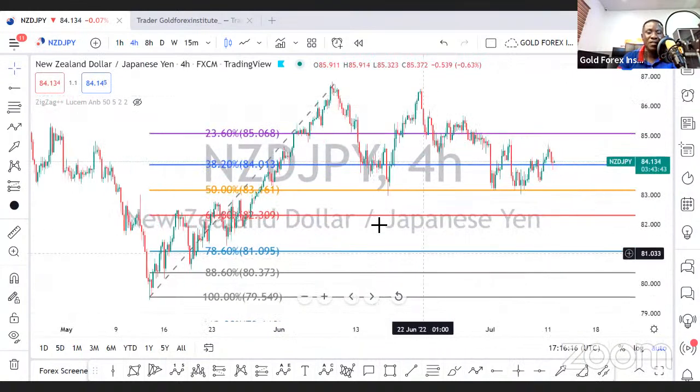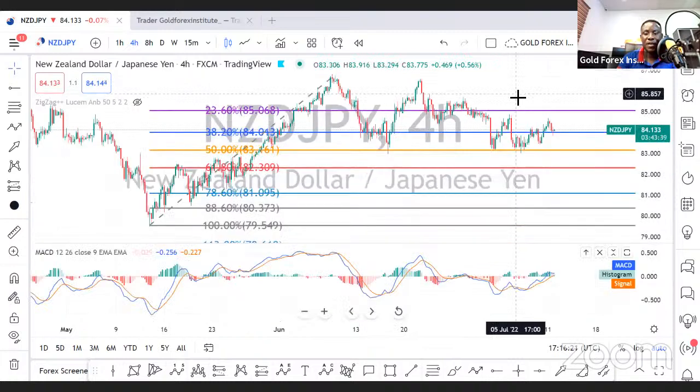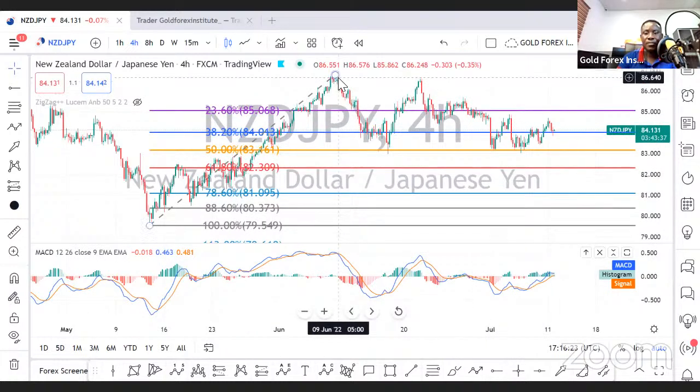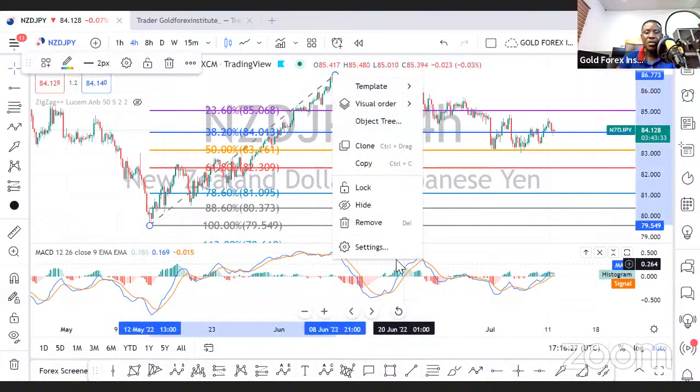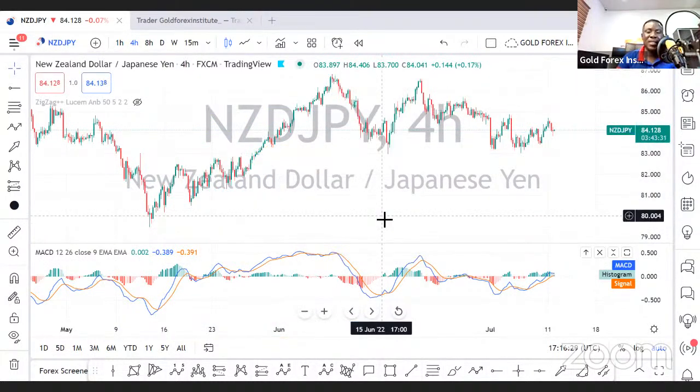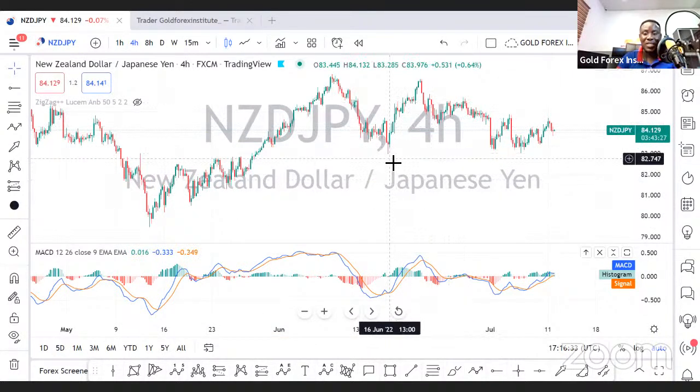Now we had a 50 fib over here. Now, 50 fib is neither a butterfly. Butterfly will end at 78.6. Alternative bat will end at 88.6. Gartley is 61.8.